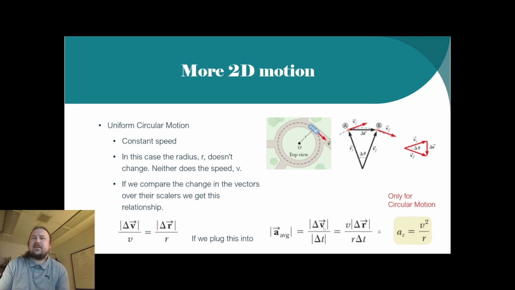Again, this is just a mathematical exercise. Where this is going is that it gives us a new acceleration. Not like our old one. It gives us a new acceleration.